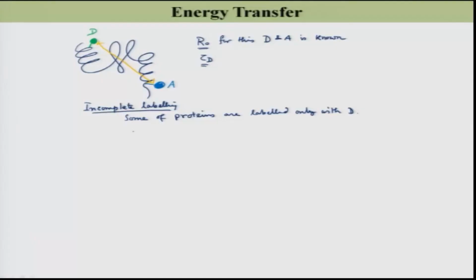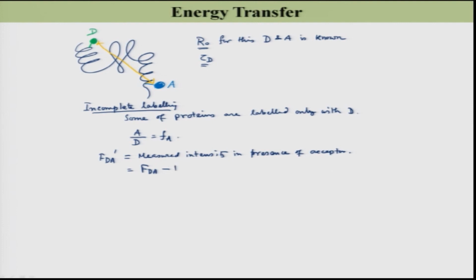So, let us say that the ratio of A by D is equal to, let us say, F A. Then I can write F DA prime, which is the measured intensity in presence of acceptor, which should be equal to F DA minus the quantity of fluorescence intensity originating from those proteins which have only the donor, not the acceptor, right.